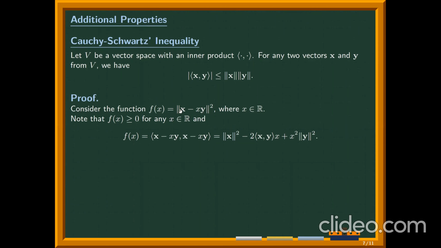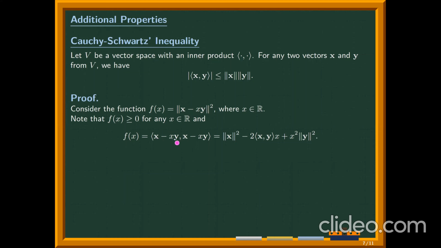Moreover, by definition of the length, we can write f(t) as follows. The square of the length of x minus t y is the inner product of the vector x minus t y with itself.